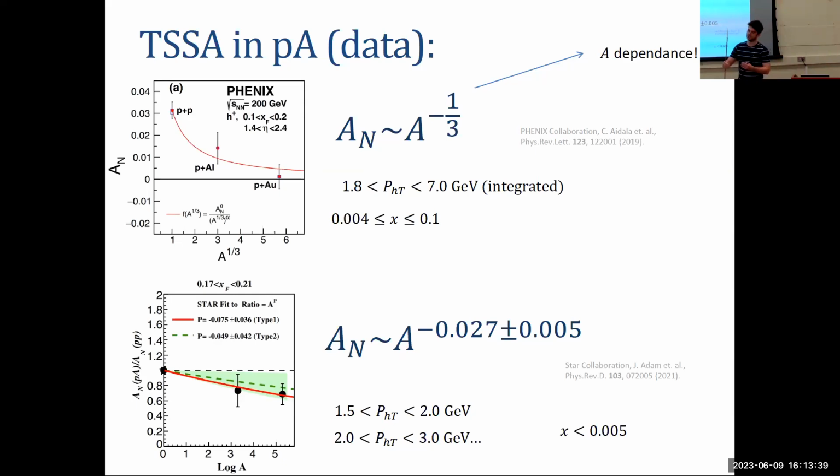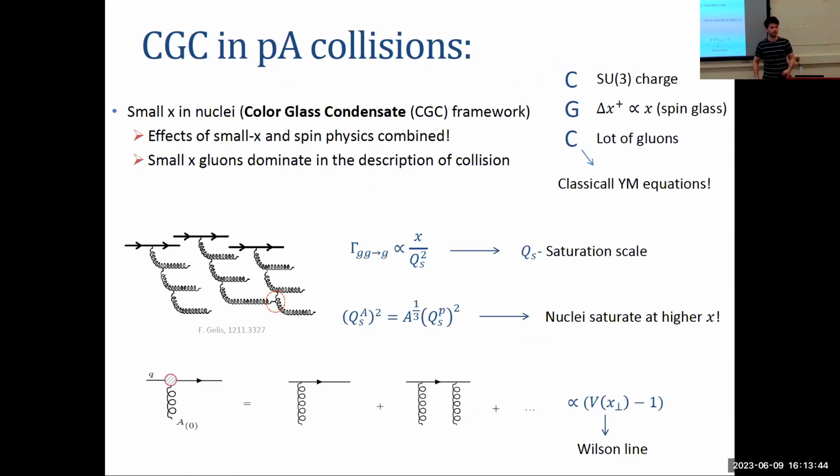saturation in collisions. So in what we were doing, we were trying to find spin asymmetry using the color glass condensate effective field theory. In this slide, I will present what the color glass condensate really is. You know, all of you, that at small x, gluons dominate in hadrons. So parton distribution functions of gluons grow rapidly when x goes to 0. But how much will it grow? It can't go to infinity, because if you have an infinite number of gluons, you wouldn't have unitarity of cross sections.